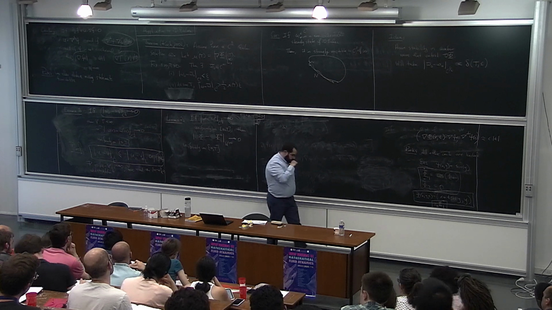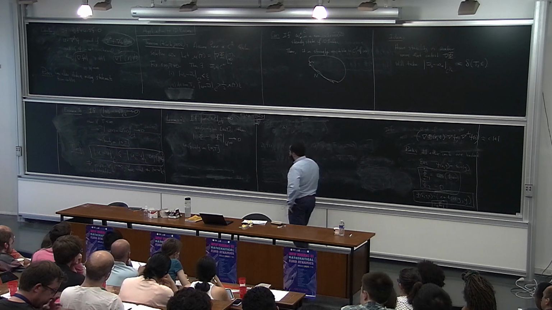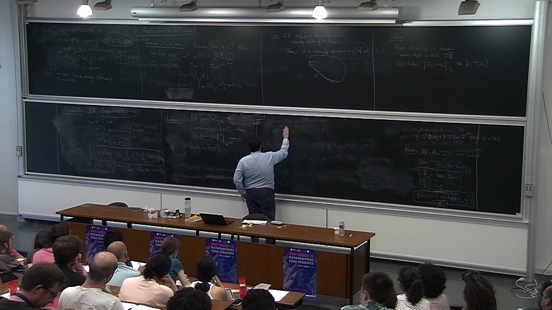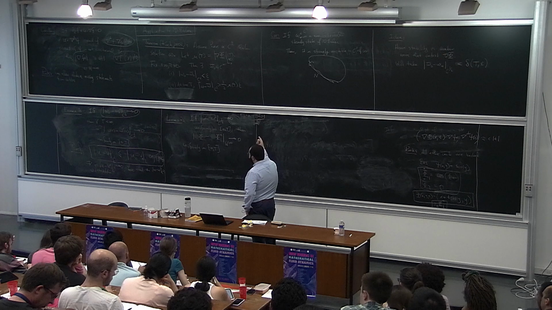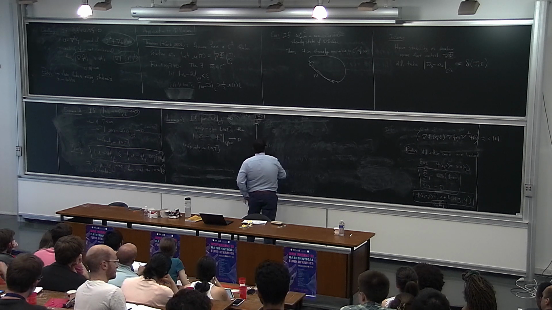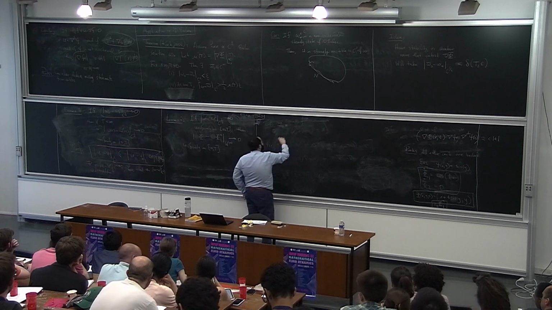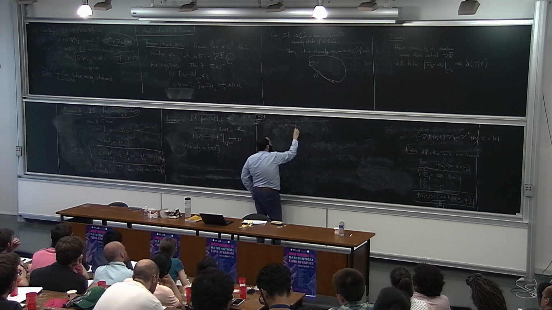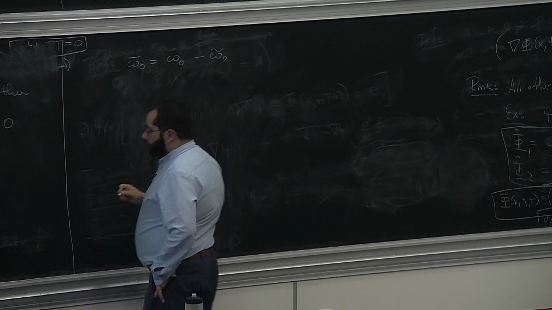So now, omega solution. Let's remember the statement of the theorem. You have omega, which is a fixed solution, and you have omega bar. Let's set omega bar 0 to be omega 0 plus omega 0 tilde.